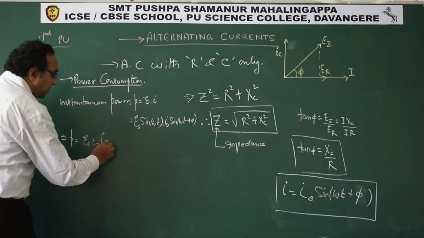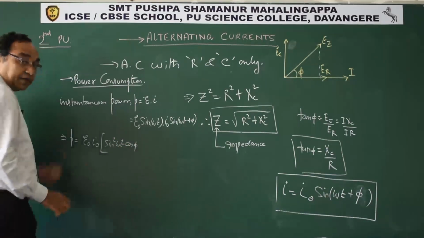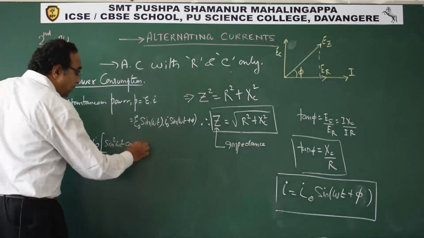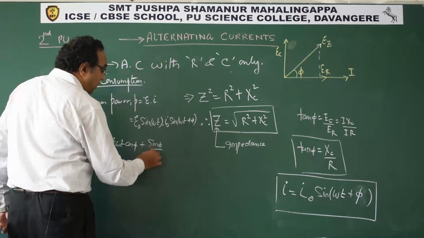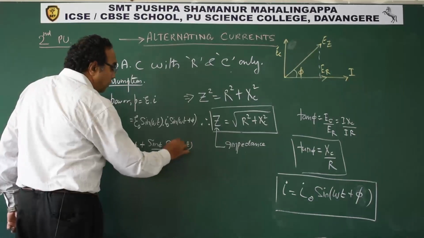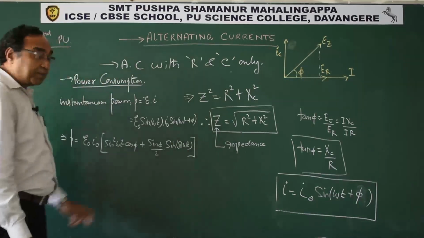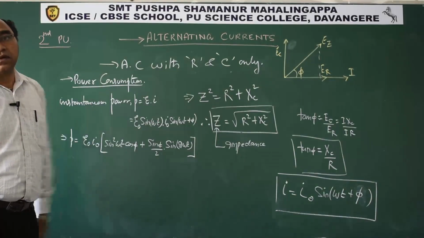In the bracket you will get sine square omega t cos phi, and instead of minus you will get plus sine phi by 2 sine of 2 omega t. See, what is the difference? There is no difference except this plus was minus in the previous derivation.